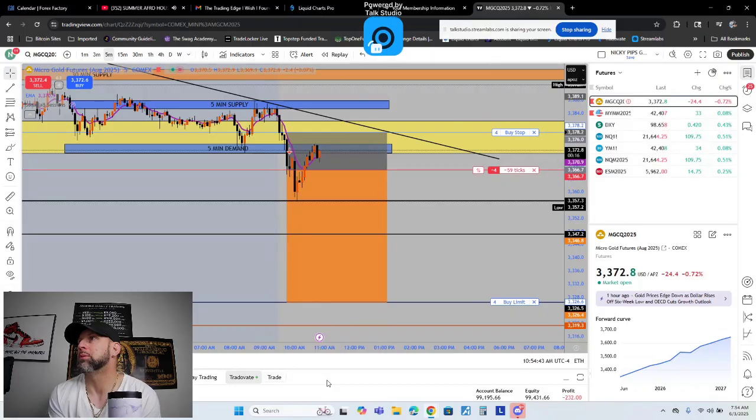Because if it ends up closing bullish, then more likely it's going to continue to the upside. We'll get stopped out. All right, see how it closes. We need it to close bearish.